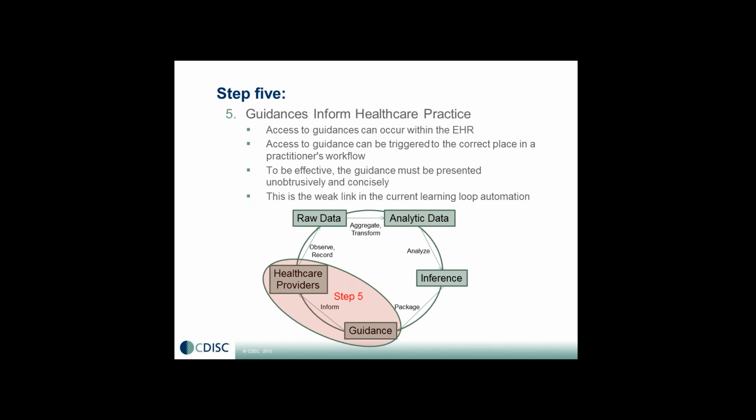Nobody's going to take the time to read a peer-reviewed journal article to find out what to do next when they're prescribing or deciding what the best treatment pattern might be for a particular disease.